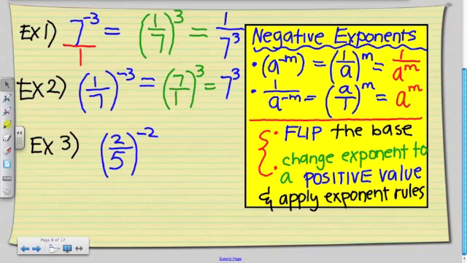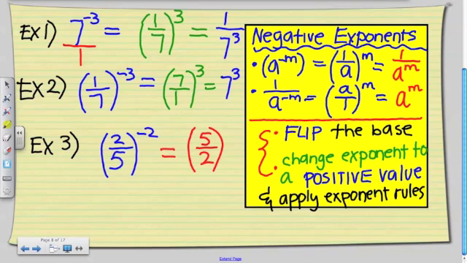So Abigail, what is my new base when I flip it? When I flip it, flip the numbers. 2 over 5 becomes 5 over 2. And what happens to my exponent? It changes from negative 2 to a positive 2.